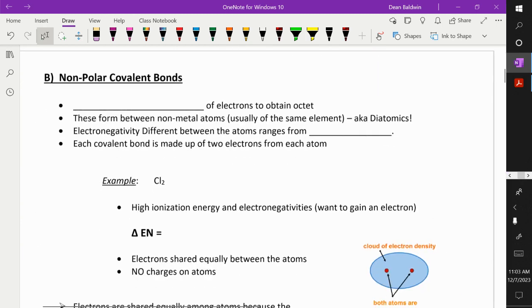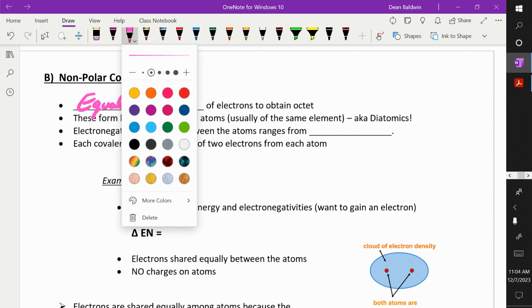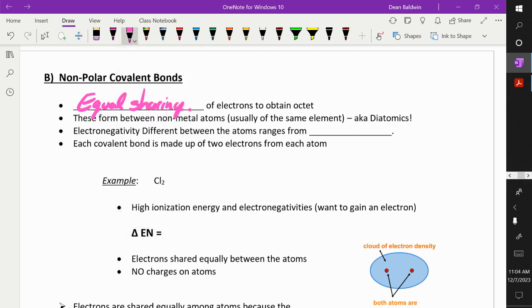Okay, nonpolar. So, this is equal sharing of electrons. These are usually nonmetals. This is usually what we talked about when we said covalent molecules.